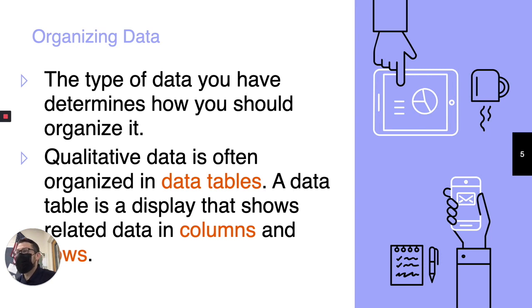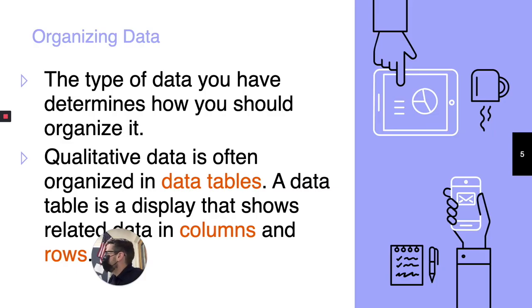And this is pretty common in a scientific investigation, that we're just collecting data as we go. Okay? And once we're done collecting that data, we can then say, okay, what does that data actually mean for us? So one of the most basic ways to organize data is by putting it into a data table. Okay? Data tables are good for both qualitative and quantitative data.